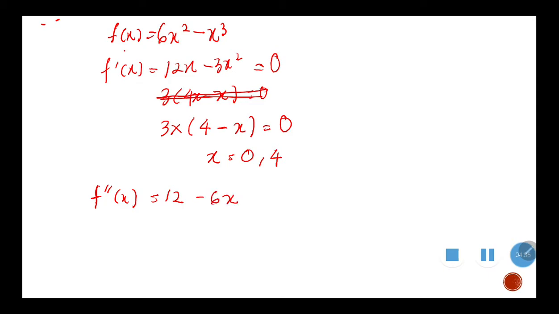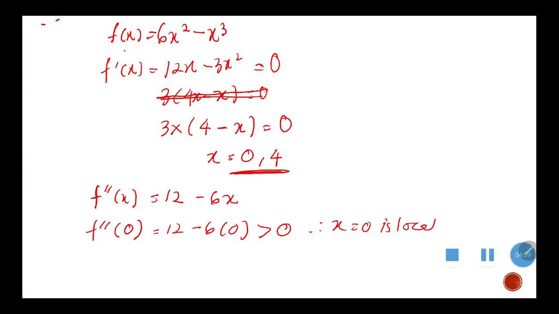To test whether these two critical numbers, 0 and 4, are local maximum or local minimum, we put in the value f double prime 0. Put in 12 minus 0, definitely more than 0. So x equals 0 is a local minimum.